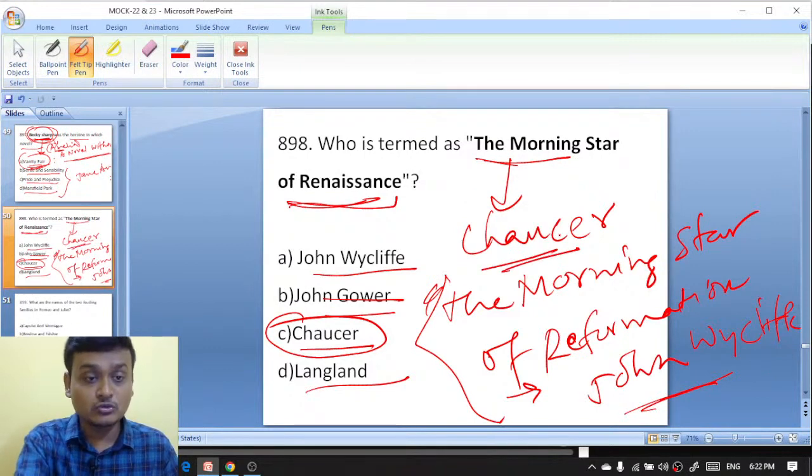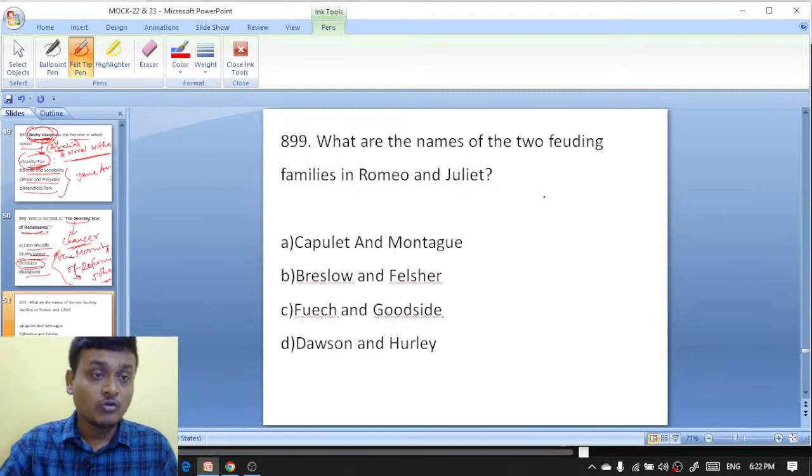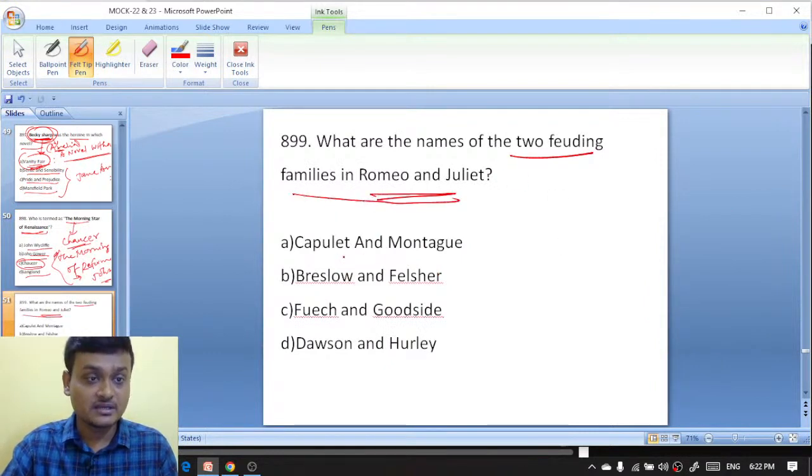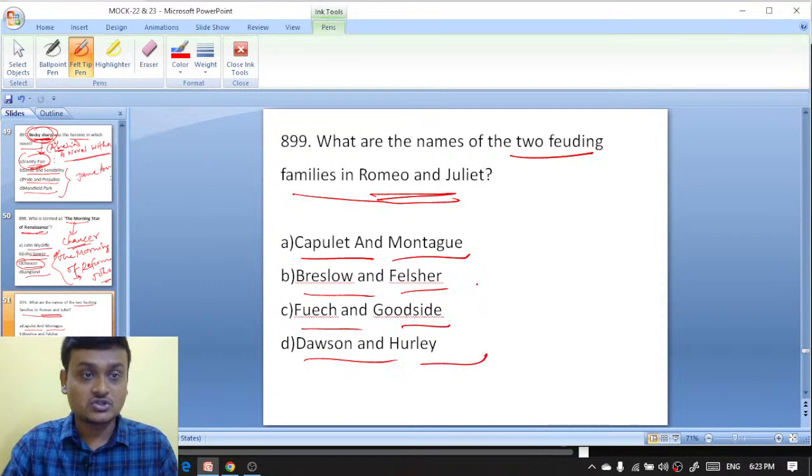Moving on to question number 899. What are the names of the two feuding families in Romeo and Juliet? Capulet and Montague, Breslau and Fraser, Hughes and Woodside, Dawson and Harley. The two families fighting in Romeo and Juliet were Capulet and Montague, so that is the right answer.